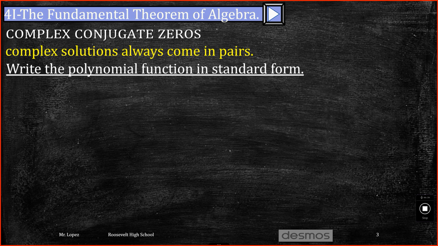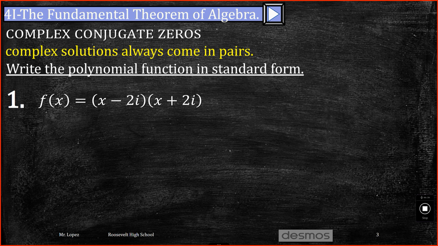So write the polynomial function in standard form. You got these complex solutions right here for this function. Let's go ahead and multiply it out so we can write it in standard form.